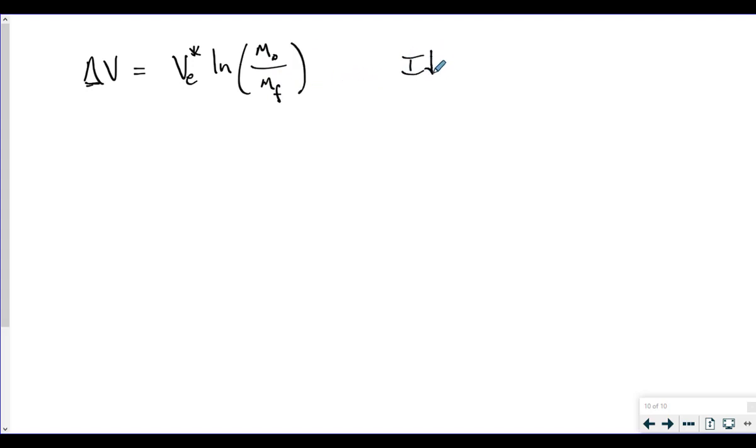This we could call the ideal rocket equation because it's just the simple, pure expression of what makes a rocket go: how the change in velocity is a result of this relative exhaust velocity, relative from the rocket's point of view, and the change of the mass of the rocket from initial to final mass as the exhaust is expelled with some constant.